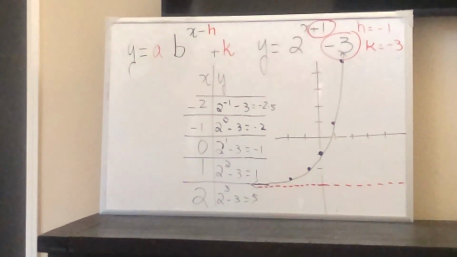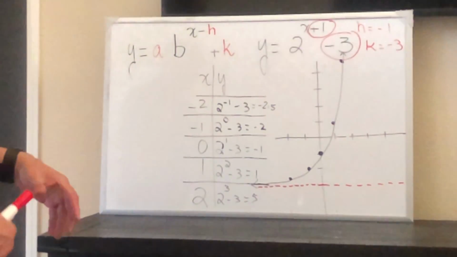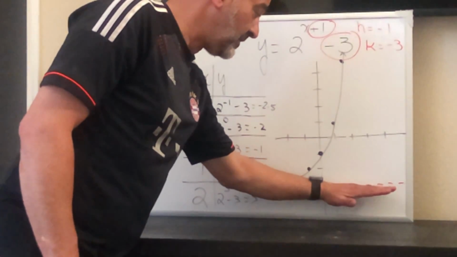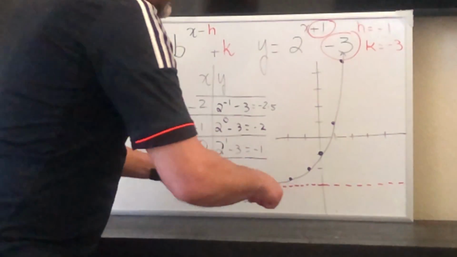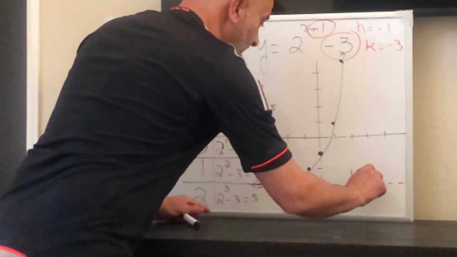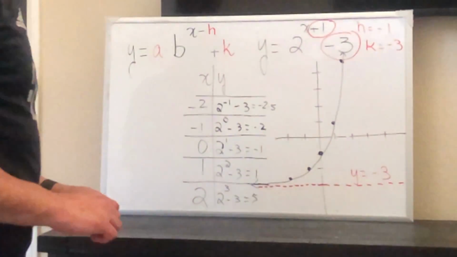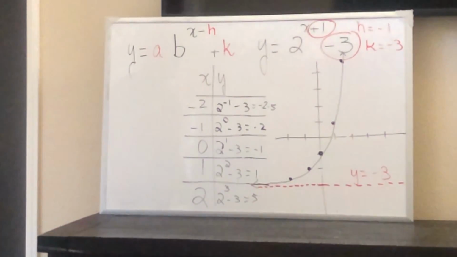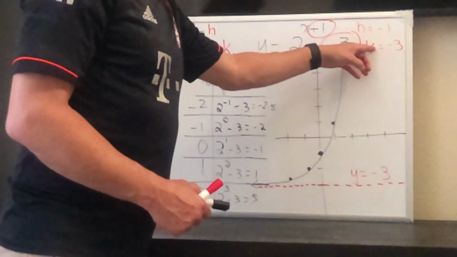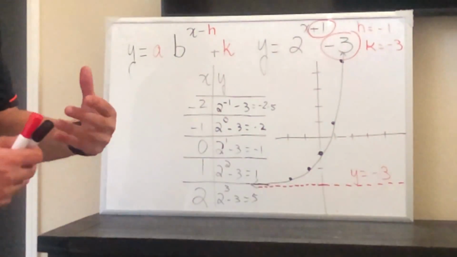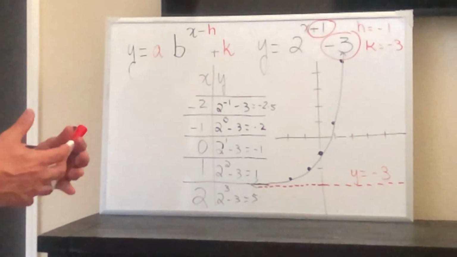So let's talk about some of the characteristics. We already talked about the horizontal asymptote being y equals negative 3. By shifting 3 units down, did I change the range? Well, of course I did.